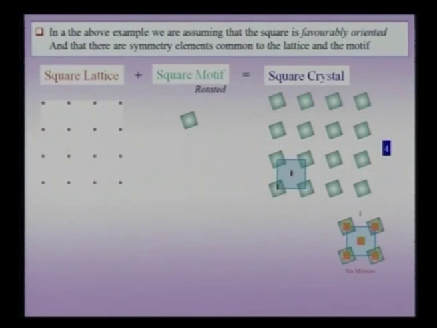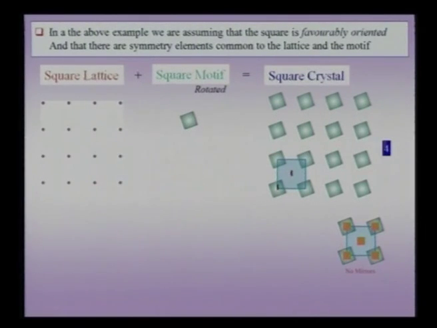The vertical mirror and the diagonal mirror which were originally present in the lattice, I show them on the lattice, these two mirrors have been lost. Nevertheless, since you have a fourfold symmetry still surviving, I would call it a square crystal.